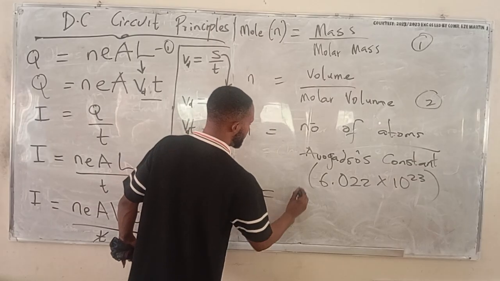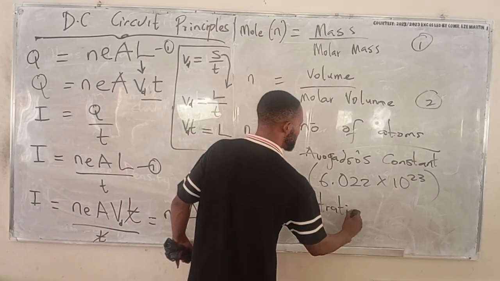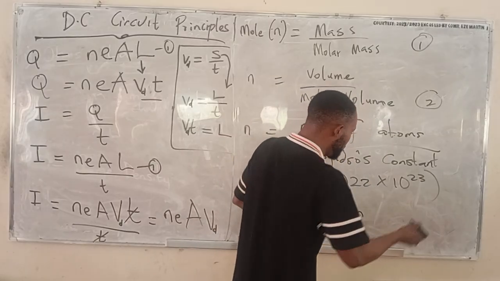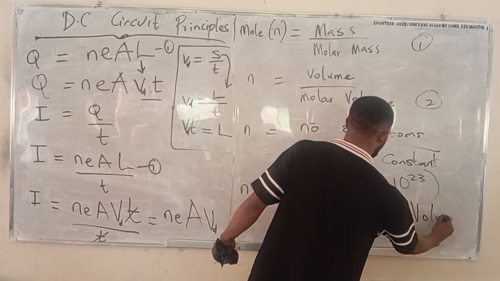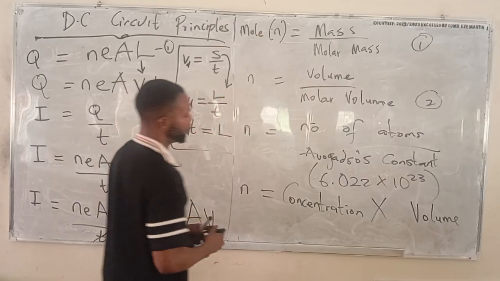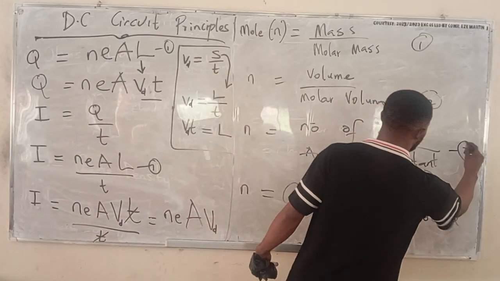n can be equal to concentration, that is molarity. You learn it this semester in chemistry. So concentration times volume. That is why during your chemistry practical in secondary school, you see CAVA over CBVB. So this is the third one.